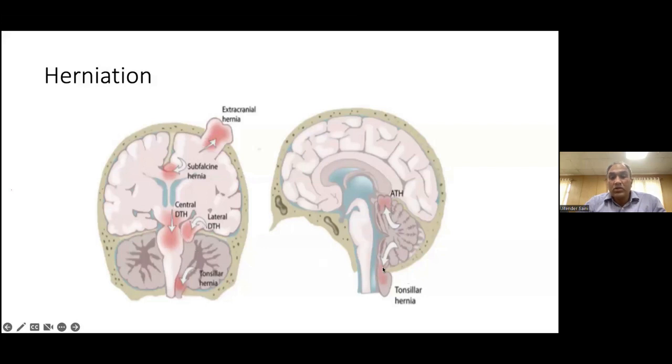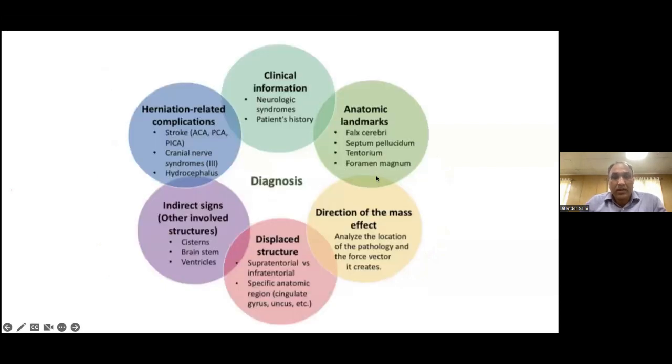And there can be tonsillar herniation. If the lesion is in the inferior cerebellar region, tonsillar herniation happens; if it is in the superior cerebellar hemisphere, it tends to cause an ascending transtentorial herniation. I'll give you examples of that.